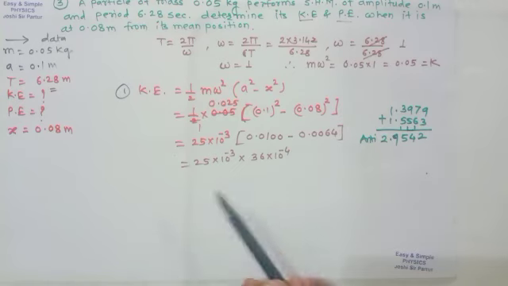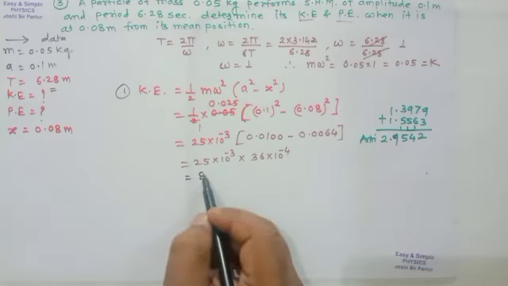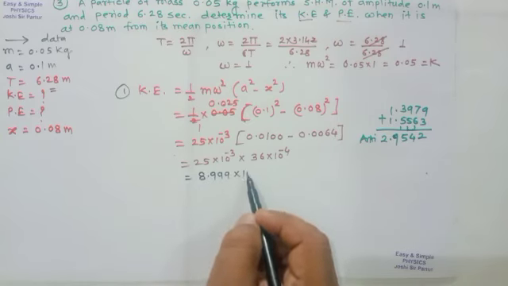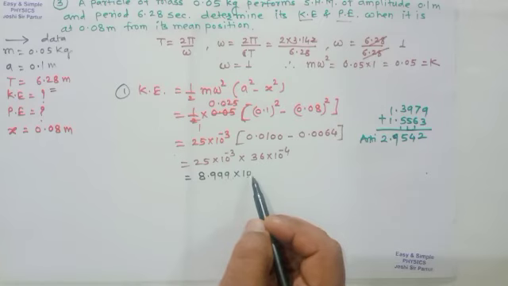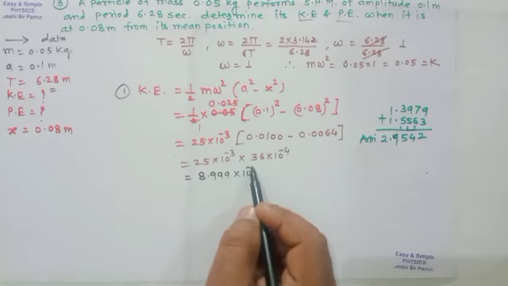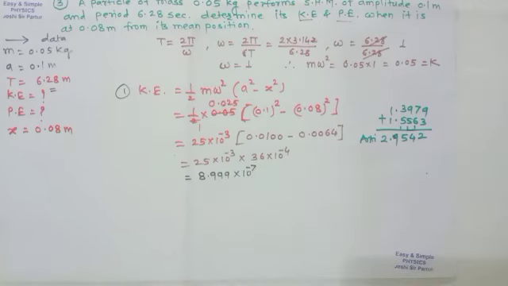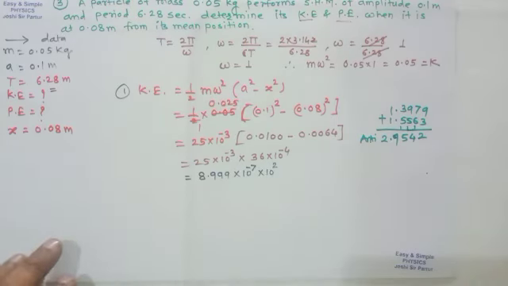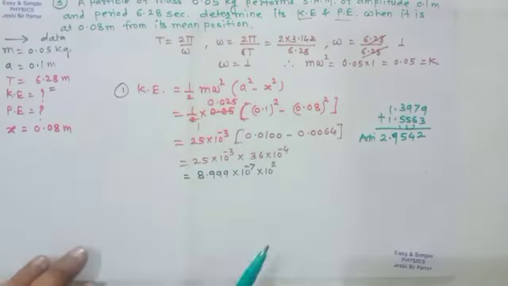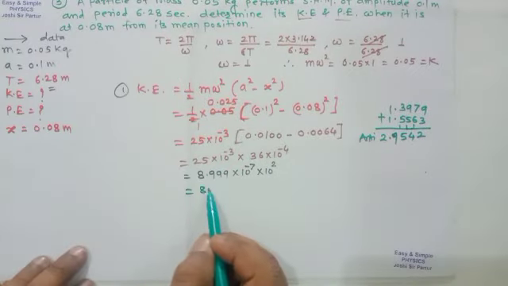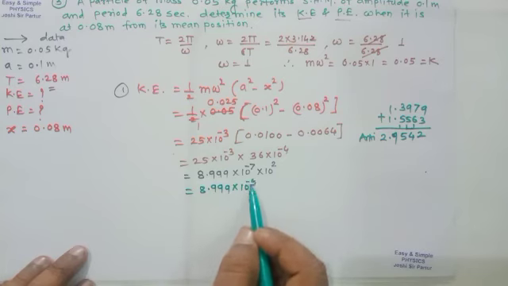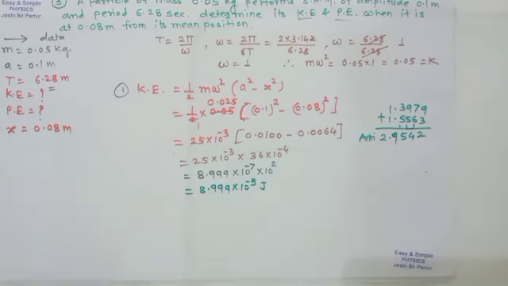It will be 8.999 into 10 raised to minus 7 into 10 raised to 2. So here the answer will be, kinetic energy will be 8.999 into 10 raised to minus 5 joule. The answer will be in joule.